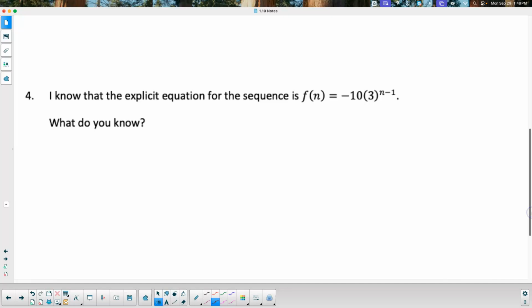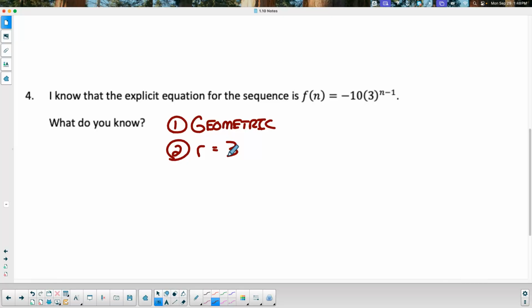We know the explicit equation for this one. What is it? Why is it geometric? Because it's got exponents. What's my R? 3, because it's what has the exponent, right? Your R value is what has the exponent. So R is 3.